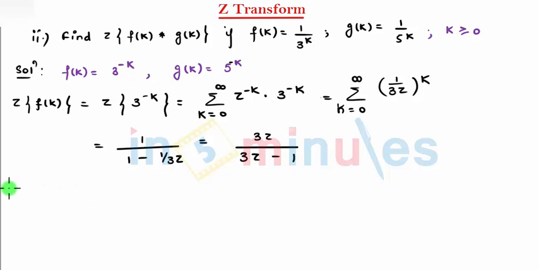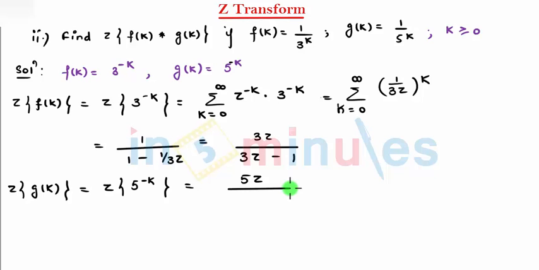And similarly, if you find Z of g of k, there is only a change in the value of 3, it is 5 raised to minus k, so we can say 5z divided by 5z minus 1.